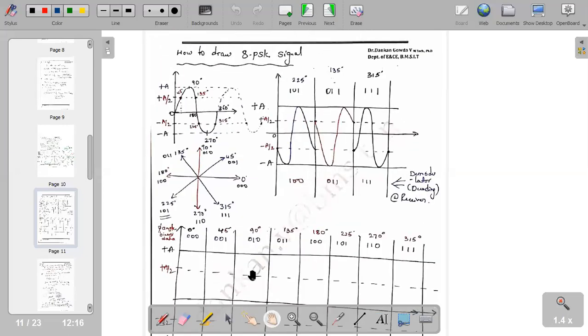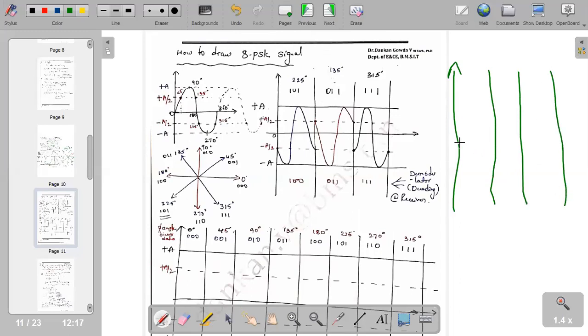Observe here, this is very important. Say for example, I have taken here the phase angle. Consider that we have a bit stream of say 101, 101, 011, and 111.